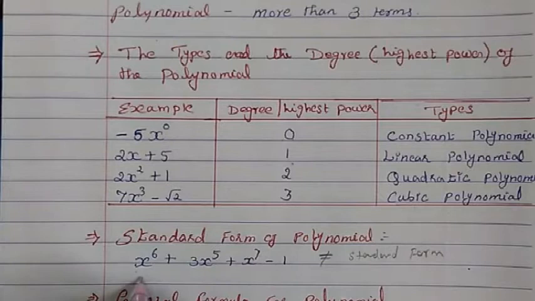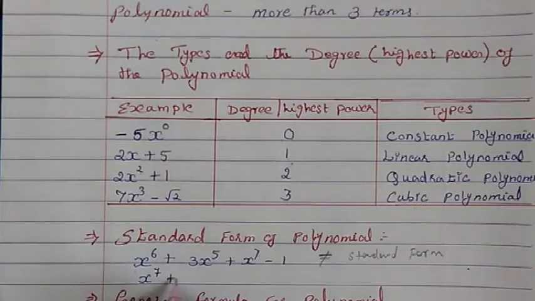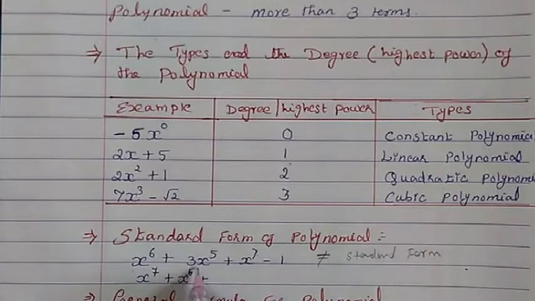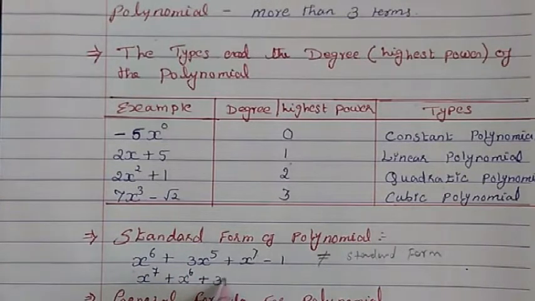So which is the highest power? 7, x raised to 7. So first you have to write x raised to 7. Then next is 6, so plus x raised to 6. The next will be 5, plus 3 x raised to 5. Then finally we are left with this constant.